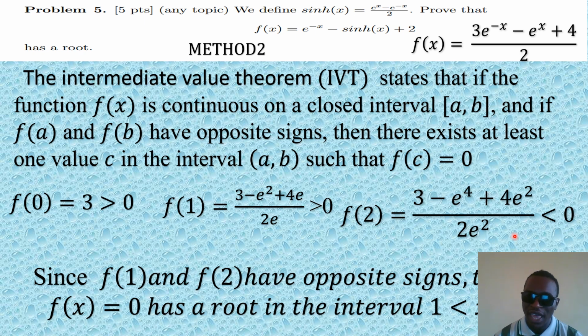You now evaluate f of 1.5 and compare its sign with f of 1 and f of 2. Where you see a change in sign, the solution will lie between those values, depending on where you see a sign change. I will not do that here. I was just trying to illustrate that the question was so vague.